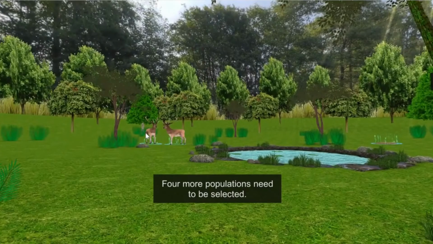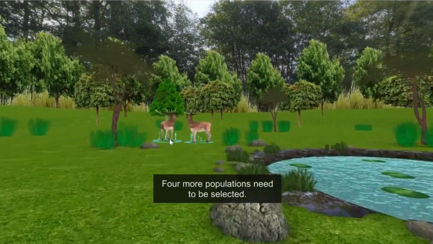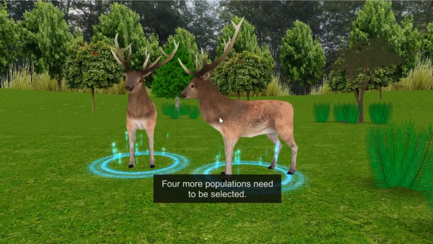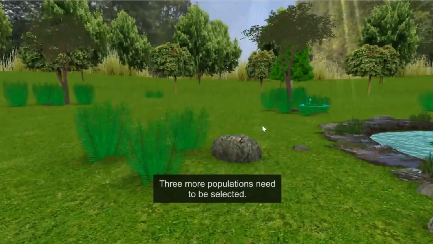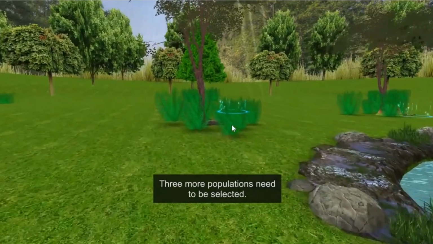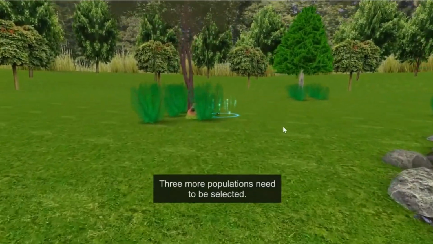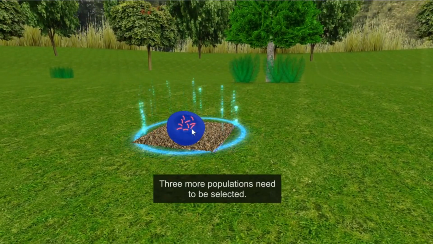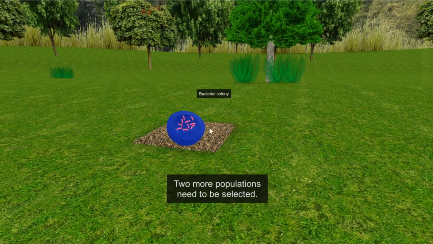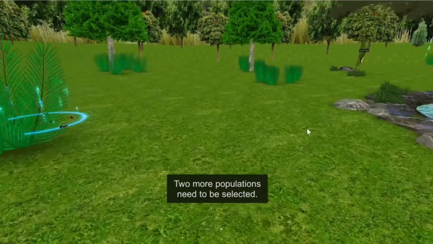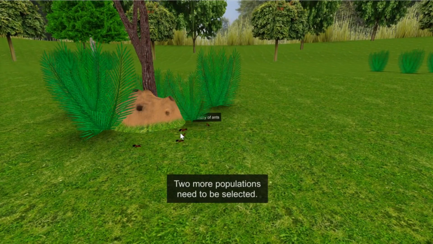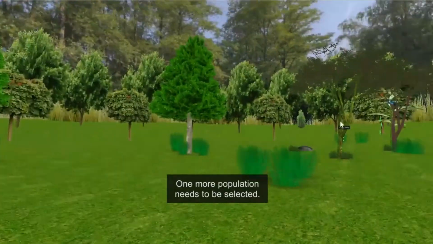Four more populations need to be selected. Three more. Two more. One more population needs to be selected.